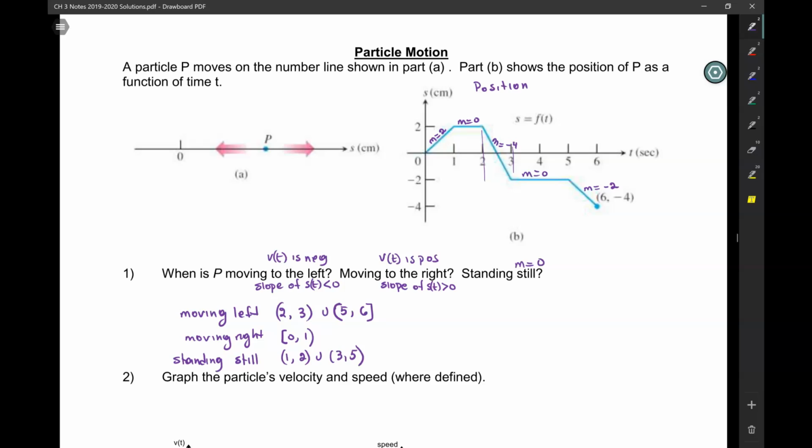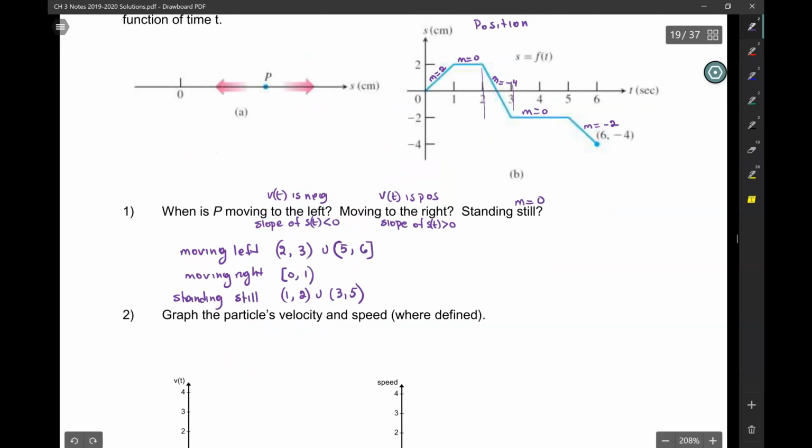Some portions are below the s-axis. What does that mean in terms of the particle? Not just the slope, but what does it mean that the graph itself is above and below?